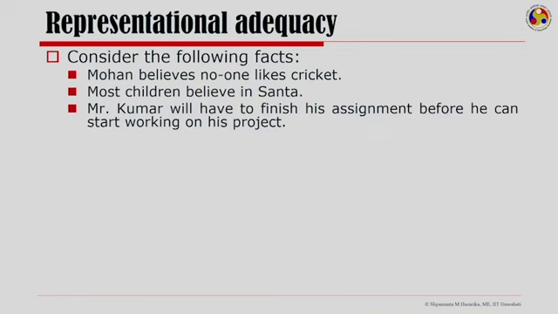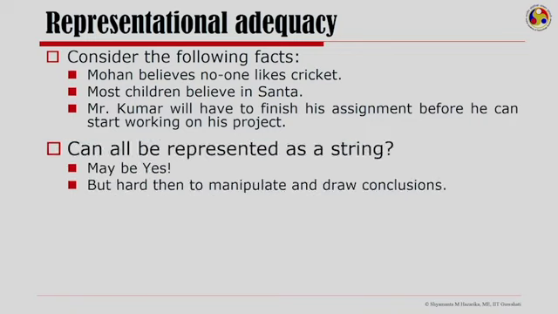Now, I could have used a language like C and represented these statements as strings. Can I represent all these as strings? Maybe yes. But then the question is, if I want to manipulate and draw conclusions, I would have a lot of problems.